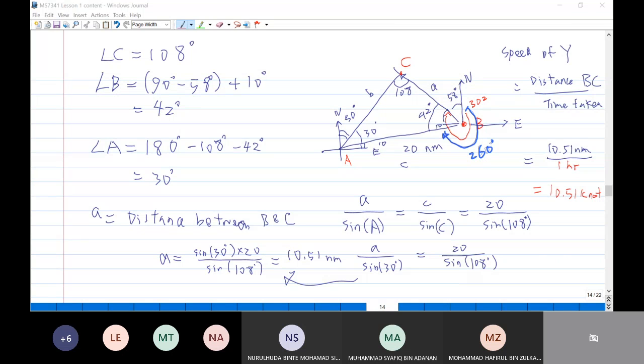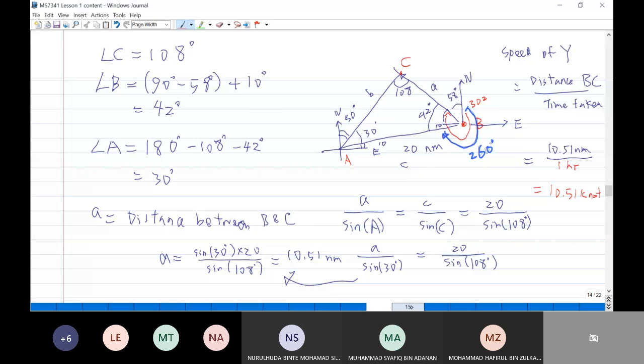You will find b, right? This is the distance between A and C, and then the time is again 1 hour, speed is distance over time. So again, you can find the speed there.